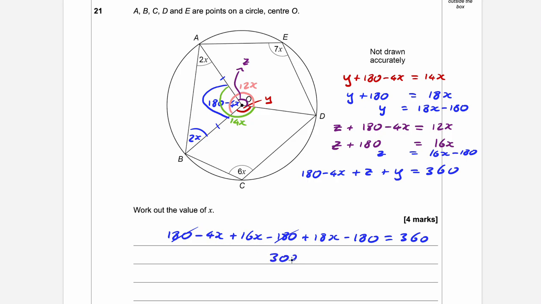So it's 30x equals 360 plus 180, which is 540. And then x is 540 divided by 30, which is 18. X is equal to 18. Not an easy question, guys, but there you go. Hope it makes sense. Let me know if not.